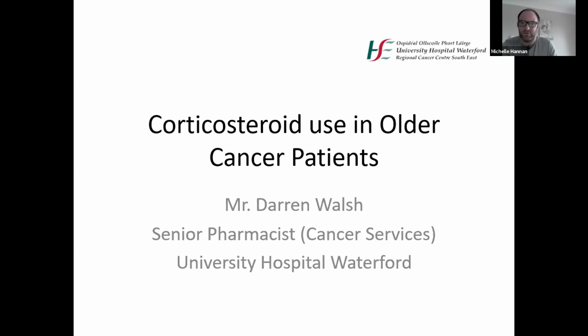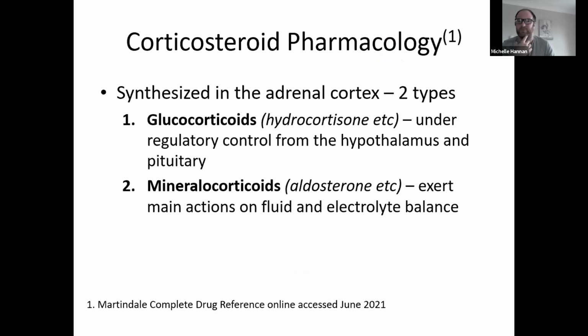I'll try and keep it short and sweet and keep it quite simple, and just give a quick overview firstly of corticosteroid pharmacology, because in order to understand why we might be getting adverse events to corticosteroids if used to treat adverse events to immuno-oncology agents, we first need to understand how corticosteroids actually work.